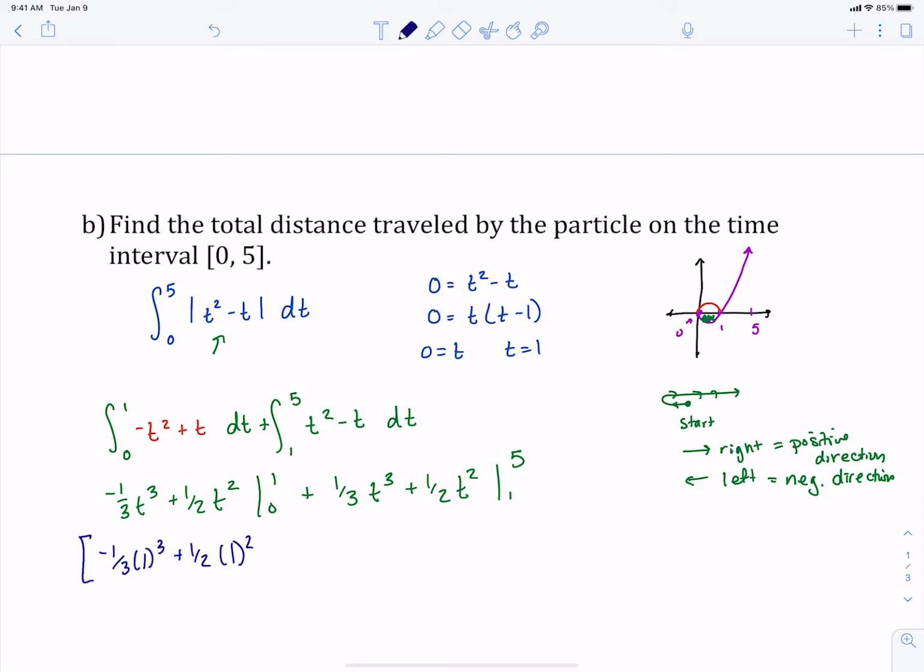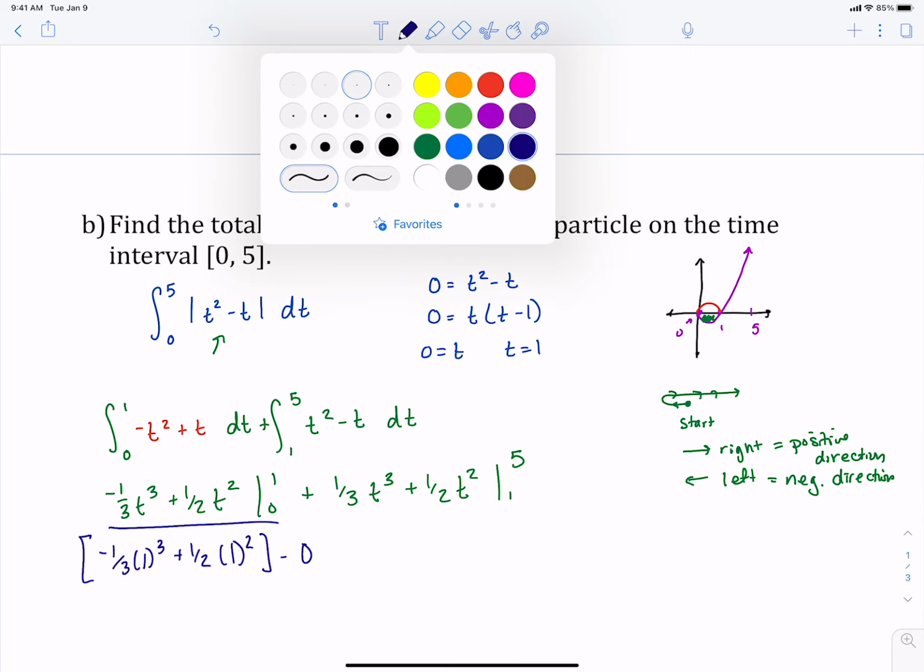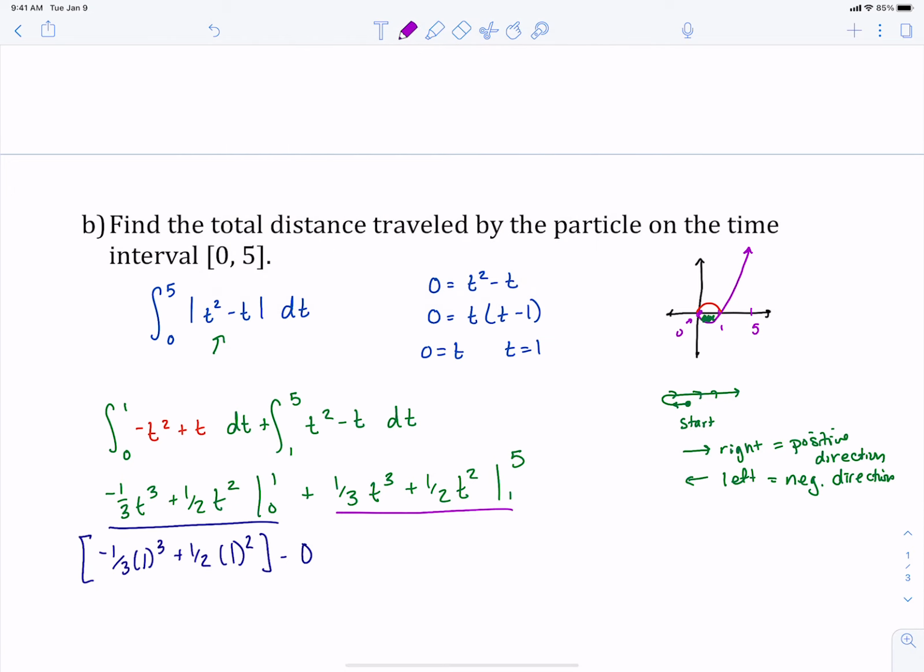That's now a 1, and then minus 0. So that's our first integral that we're looking at. And then our second one here, that's going to be the 1/3, 5 to the third, plus 1/2, 5 squared, and then minus 1/3, 1 cubed, plus 1/2, 1 squared.